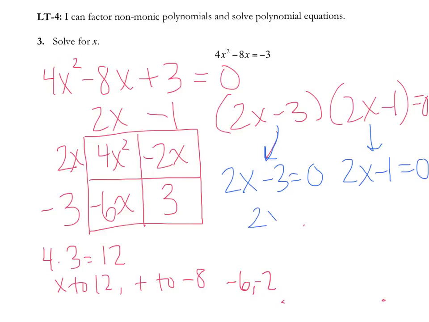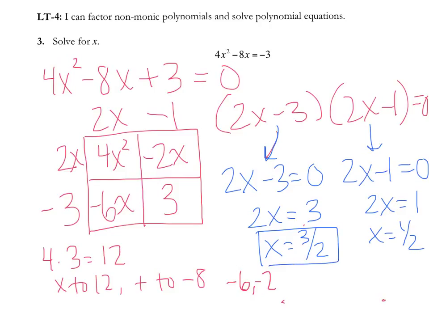Here we would get that 2x equals 3, so x equals 3 over 2. And in this case, we would get that 2x equals 1, so x equals 1 over 2. So our two possible solutions would be x equals 1/2 and x equals 3 over 2.